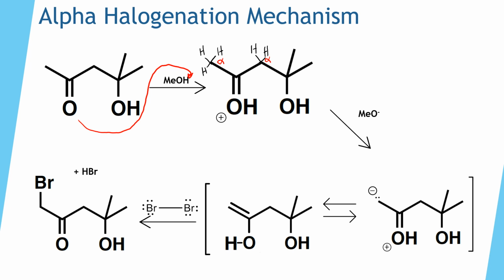So the methoxide is going to attack one of the protons. Notice that I'm going to attack the less substituted position because that's what we want. And it will form a resonance stabilized enol.